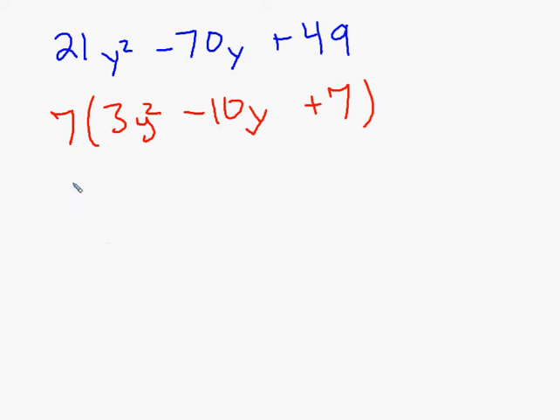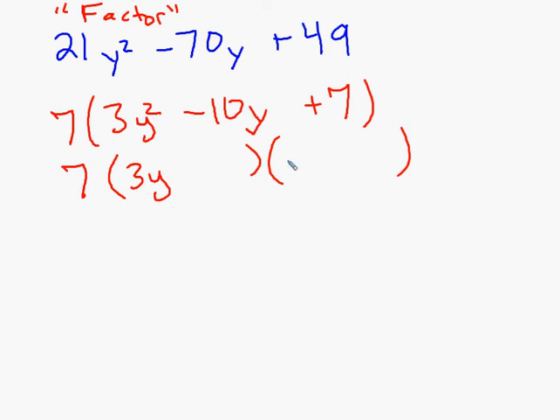Trey. Factor. Well, very good. Yes, the directions say to factor. So let's be more specific. When we have a parenthesis, yeah, we need 2 parentheses. All right. Yeah. 3. Yeah. 1. Yep, that's our only possibility to get that 3y squared.